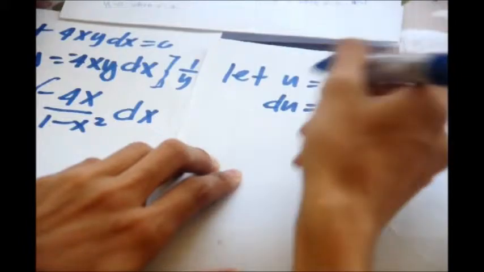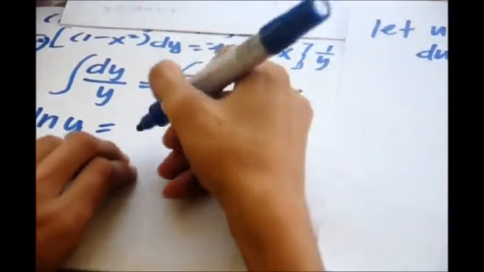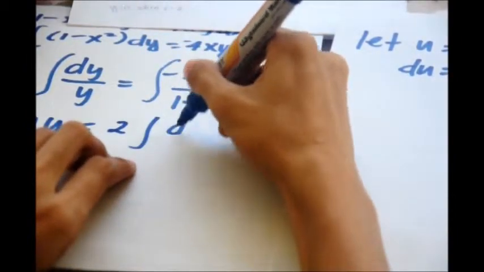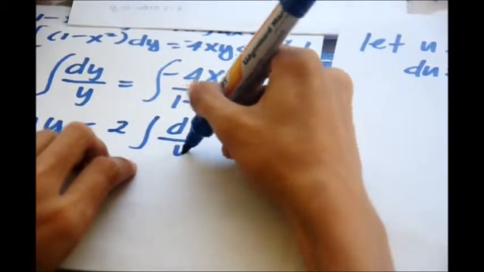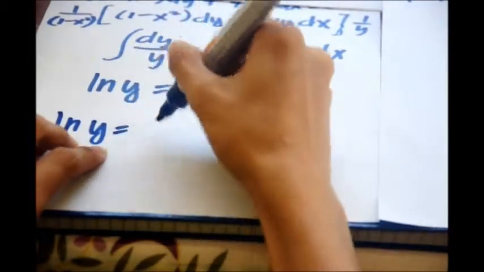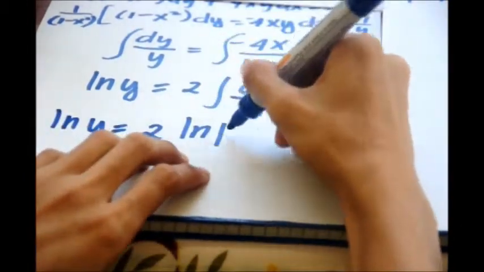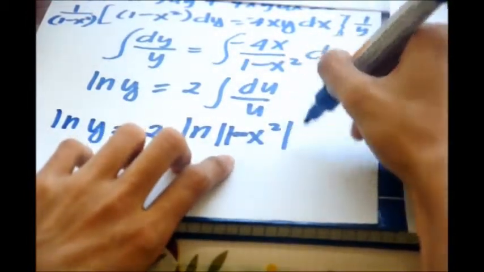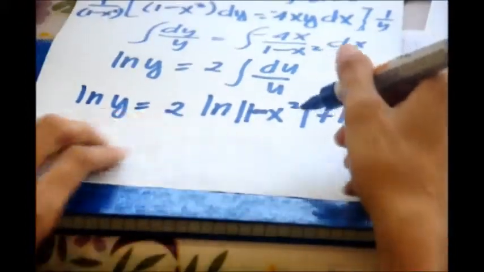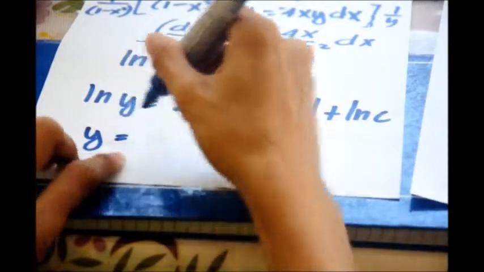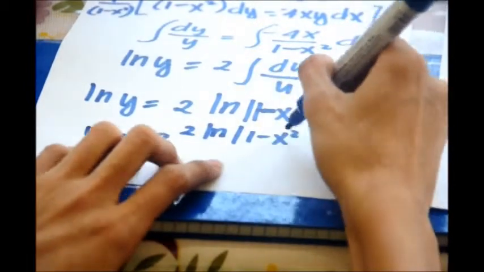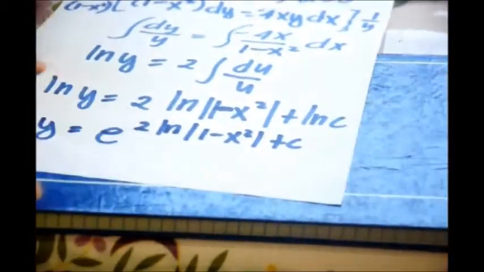So we have now the du, so substitute. Then this is 1 minus x squared plus ln of c.